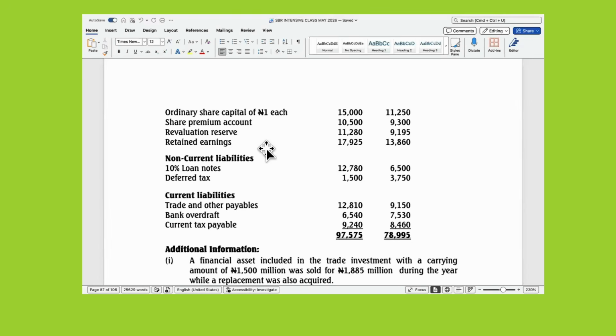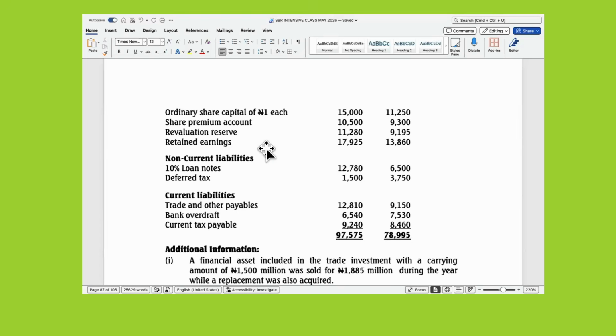Okay, 4065. So this 4065, what does it relate to? Increase in retained earnings, what can we attribute it to? Anyone? Okay. Can we say profits?